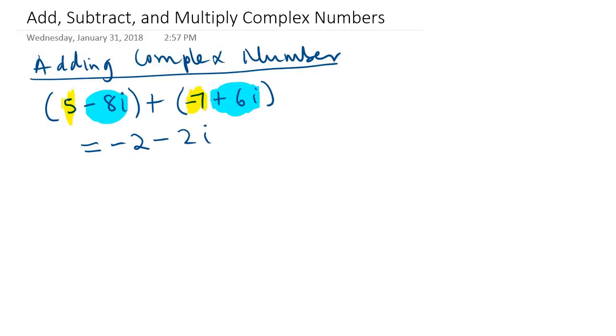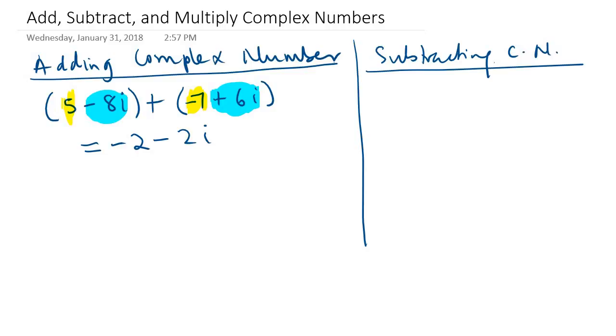Now, let's say I want to subtract them. Let's do the subtraction over here, subtracting complex numbers. Let's do the same thing with the numbers I already have. So I have 5 minus 8i, and then I want to subtract negative 7 plus 6i.